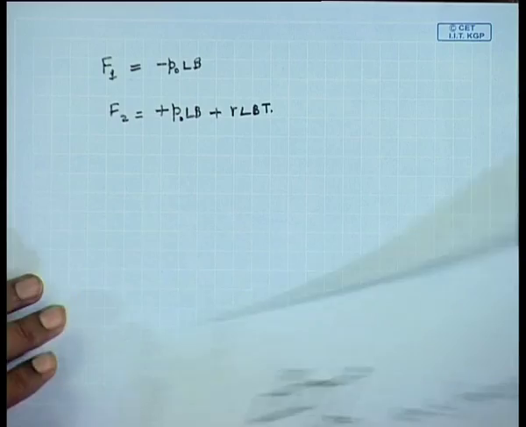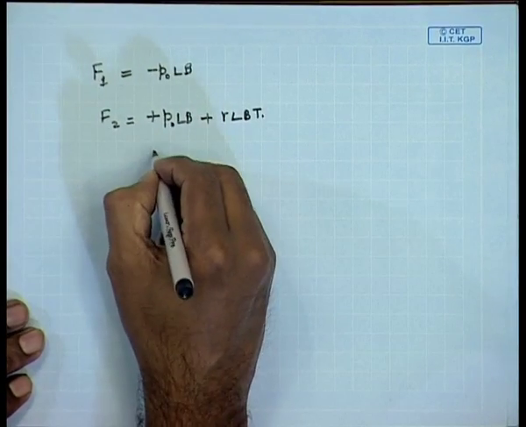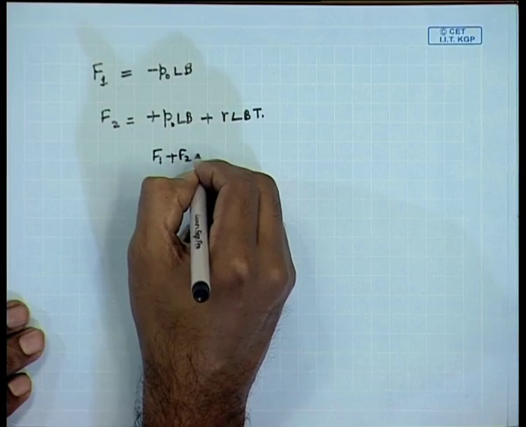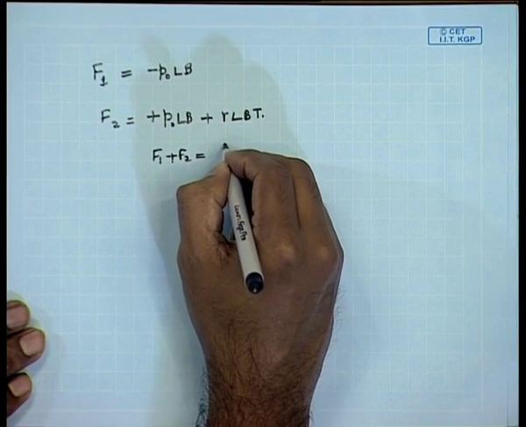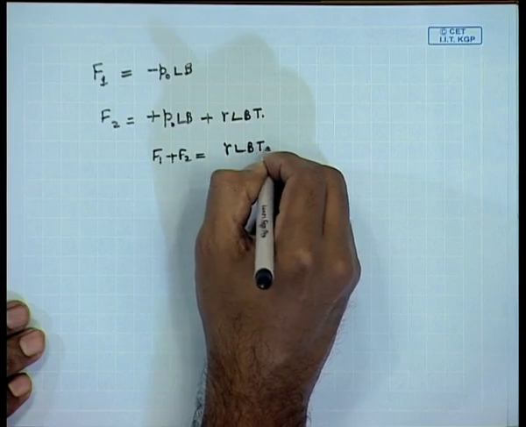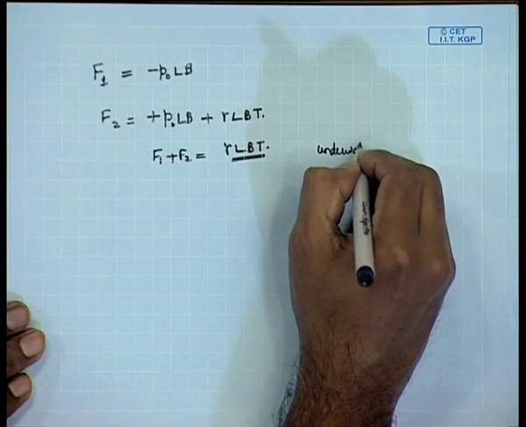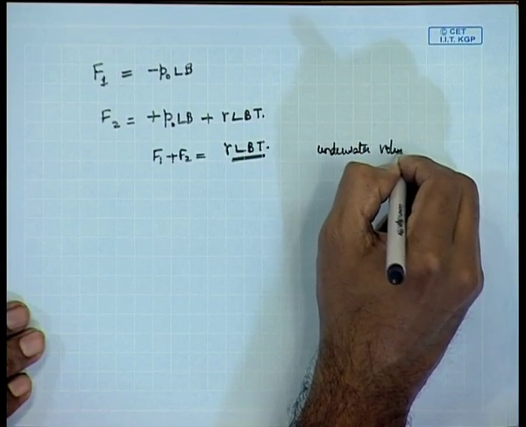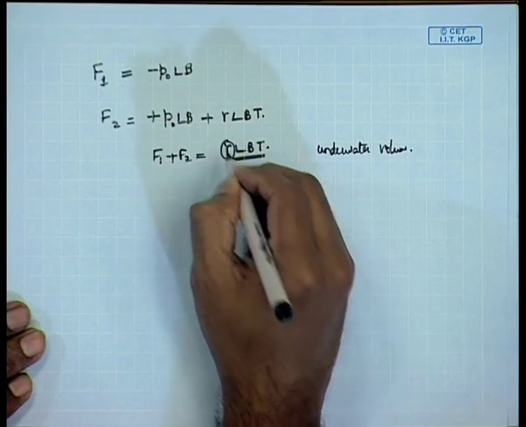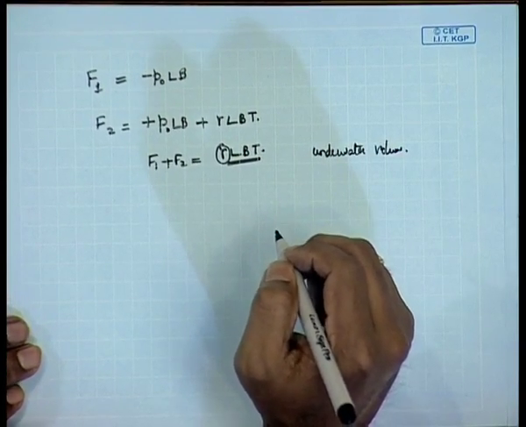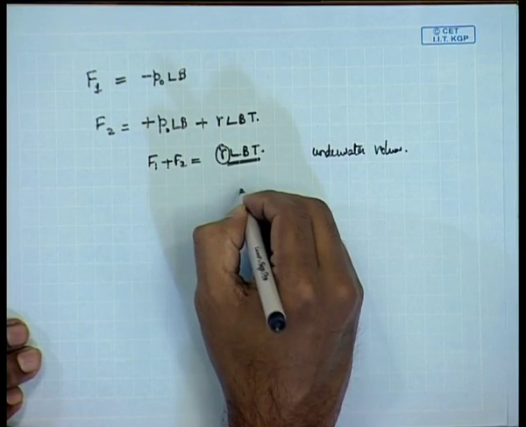So, here F1 plus F2 is therefore equal to gamma into LBT. LBT is the underwater volume, and multiplied with gamma, which is the specific weight of water, it gives you the underwater weight.